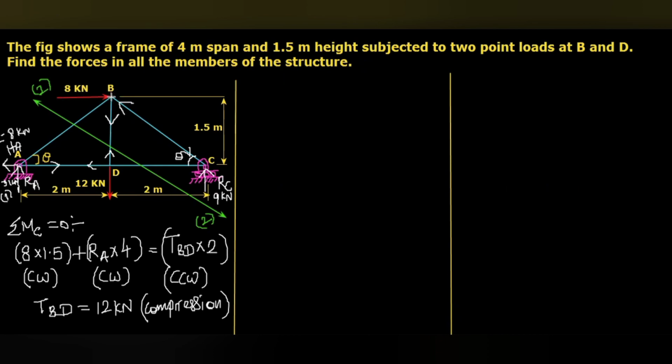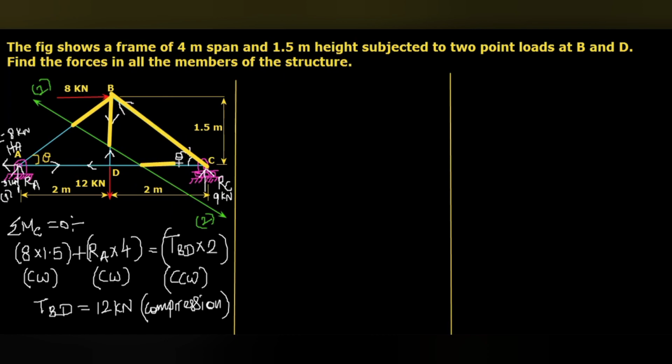That is the force in the member BA or AB, the force in the member BD, which we already calculated. Then the whole member BC. Here the section line does not cut the member BC, so the force in the member BC we will not consider.